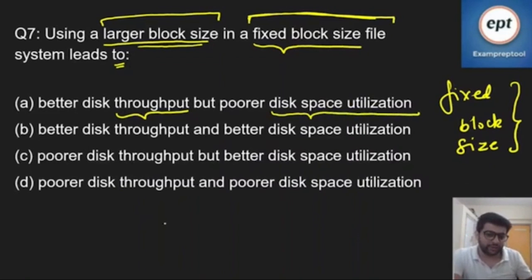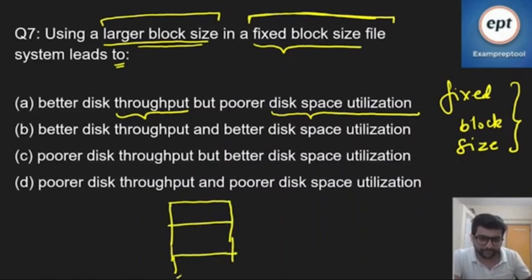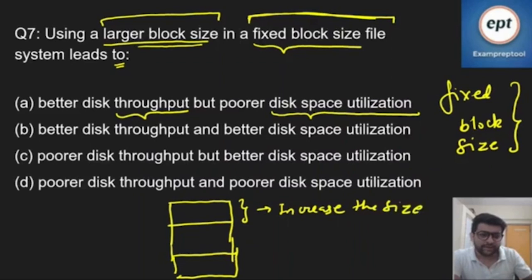So immediately we have to see, let's say we have been given the hard disk, right? And let's say these are the blocks of the hard disk. If we increase the size of the disk block, then if we have a file smaller than the block, this particular space will be wasted.